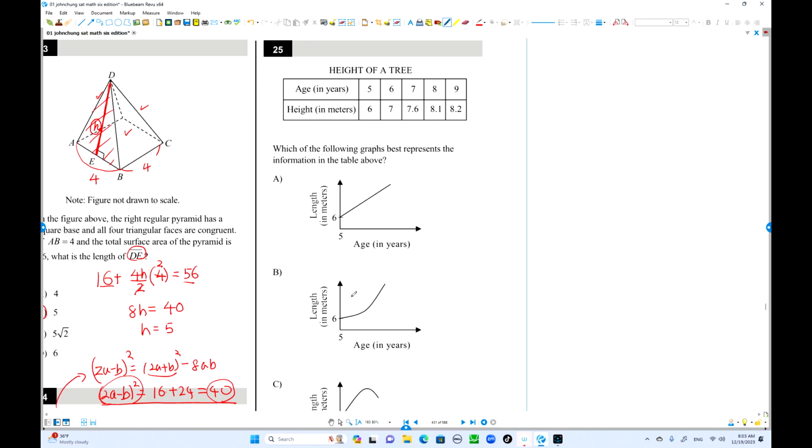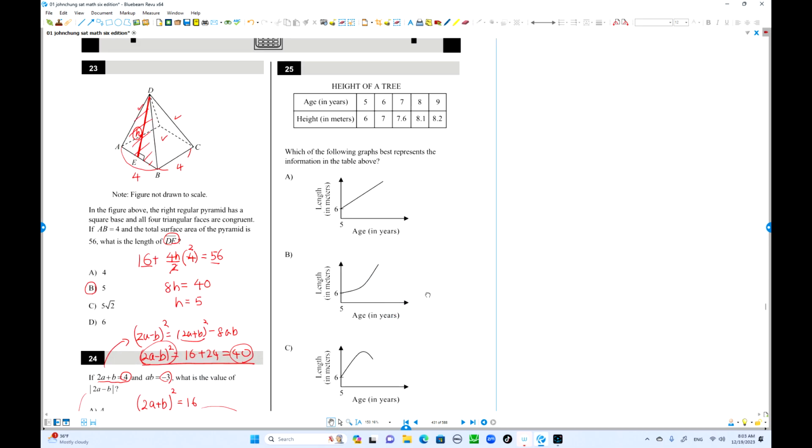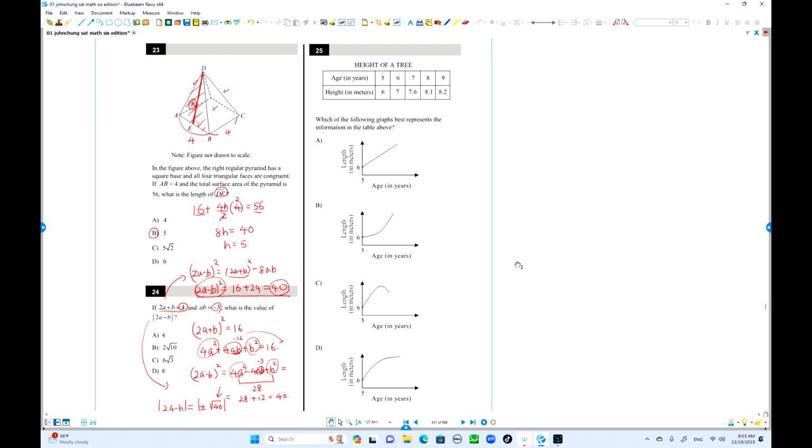Here is number 25. We have a four-point graph over here. So this increased, age is increased by 1, right? 5, 6, 7, 8, 9. But height is what? 6 to 7, that is increased by 1.